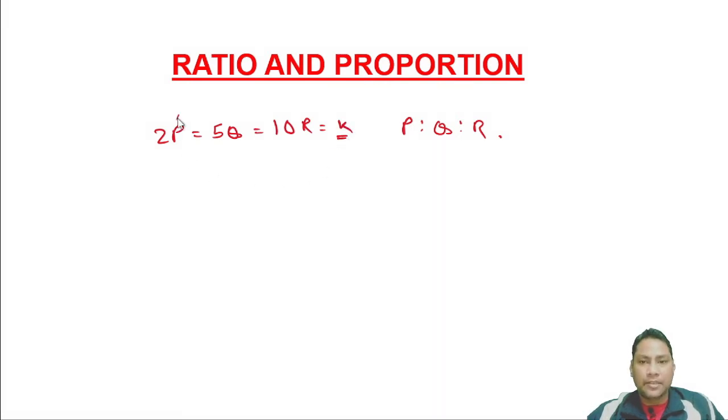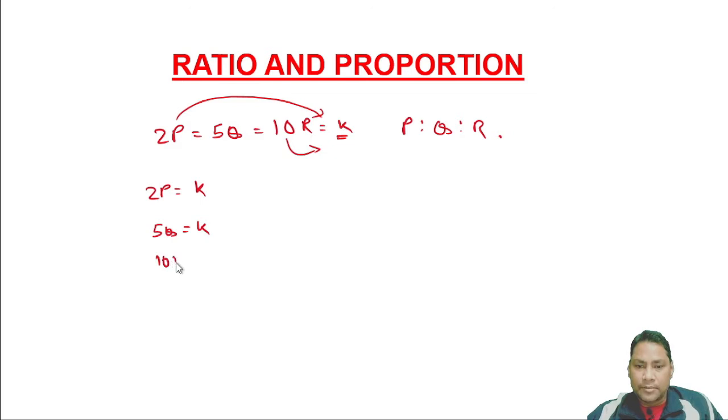Now from here we can take out the value of p. 2p equal to k, likewise 5q equal to k, likewise 10r equal to k. From here the value of p will become k upon 2, the value of q is k by 5, and the value of r is k by 10.